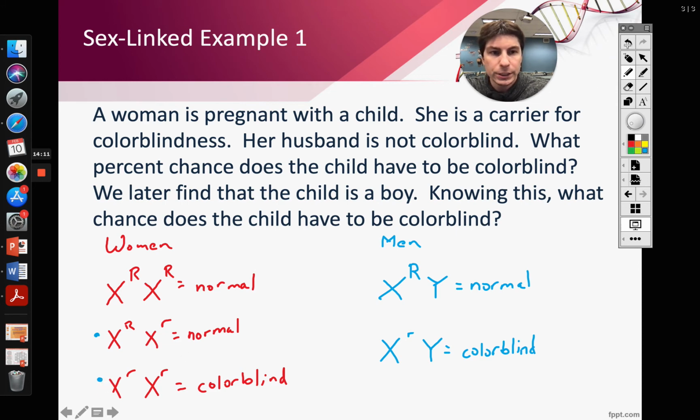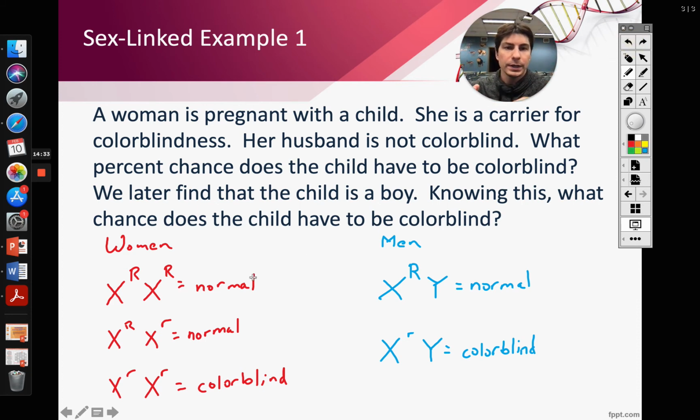Out of those three genotypes, two of them, 1 and 2, the woman has normal vision, no color blindness. But if you look at the third one down there, homozygous recessive, the woman is colorblind.